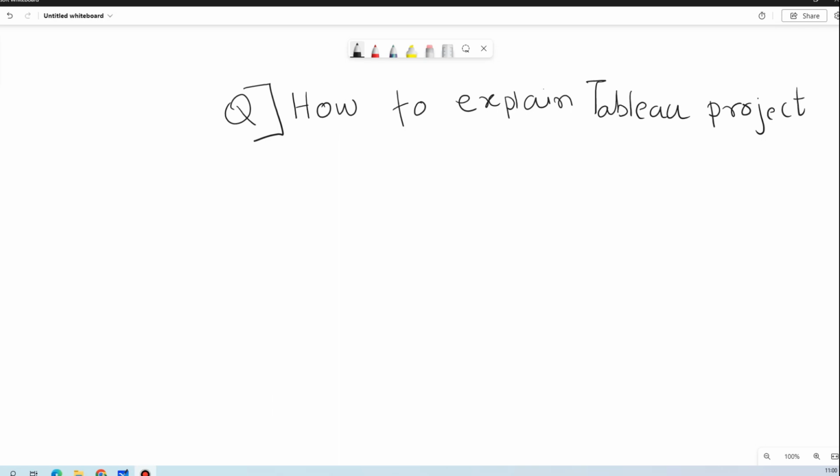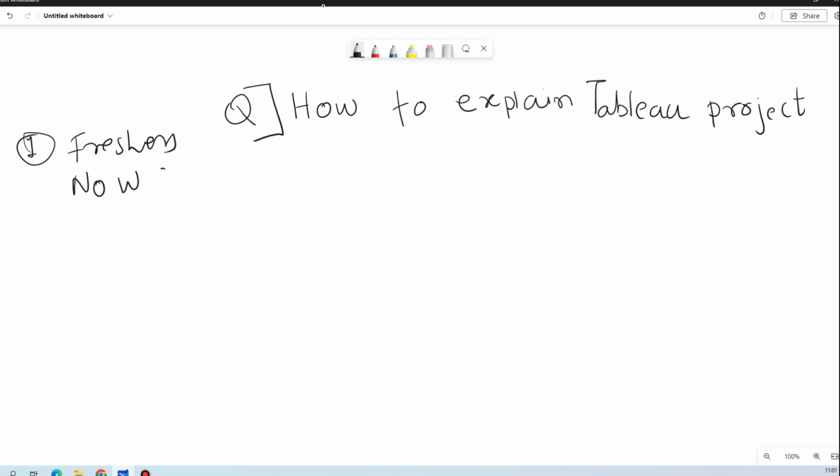So today's question is how to explain the Tableau project or your Tableau work experience. This question is especially for you. I will assume there are two main categories of audience. The first one is the absolute fresher, or who don't have the relevant work experience.